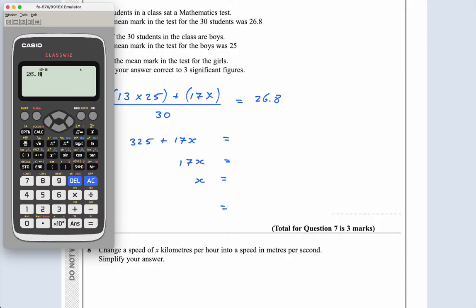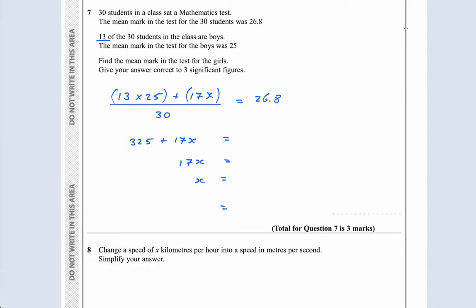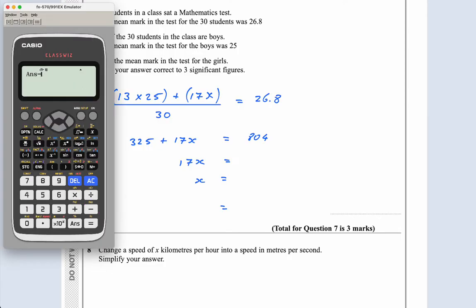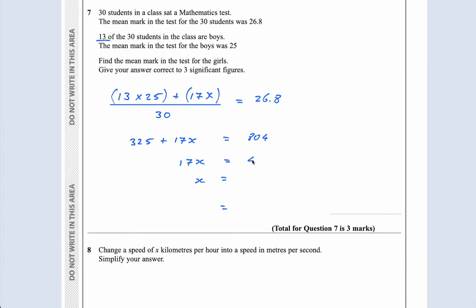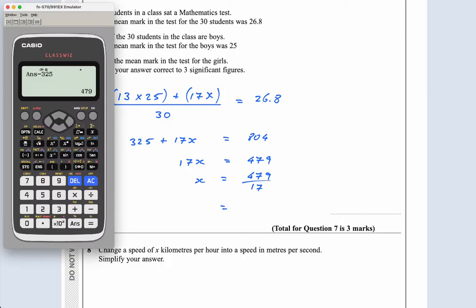26.8 multiplied by 30 is 804. Then I'm going to do 804 minus 325. 804 minus 325 is 479. And then I'll do 479 divided by 17.